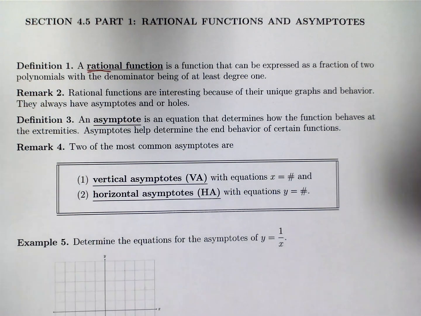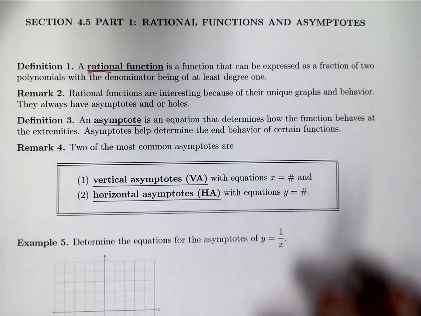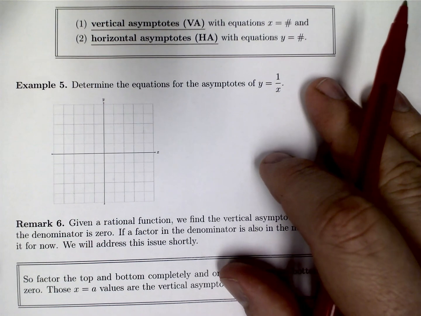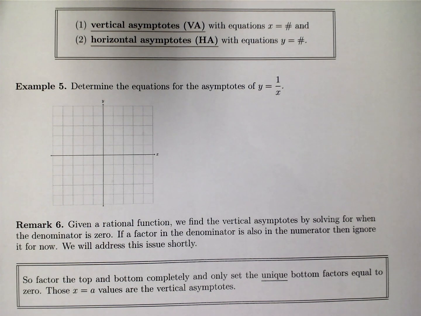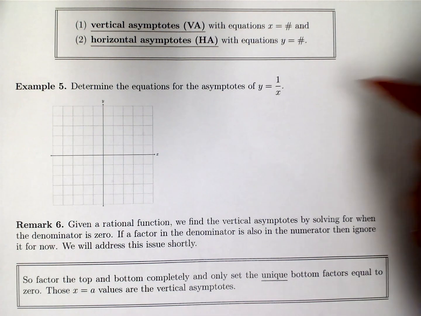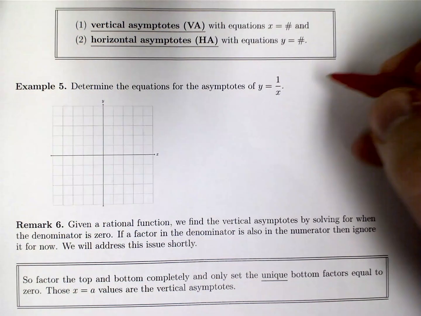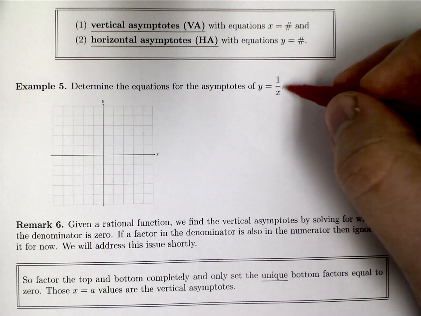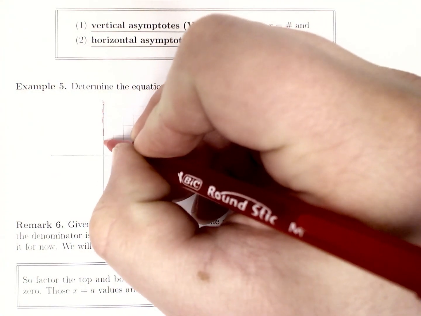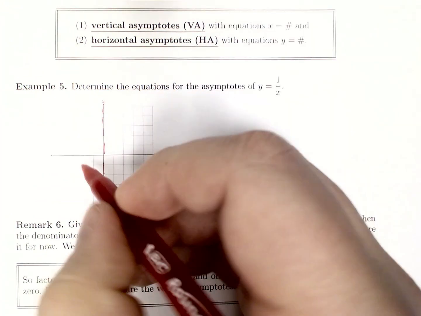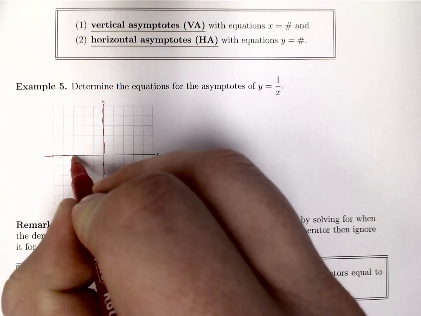So what can we determine? Let's look at something we know. Let's talk about the graph of y equals 1 over x. So earlier we had talked about this, but now we're going to go in a little bit more depth. As it turns out, the graph of 1 over x has a vertical asymptote right here and a horizontal asymptote right here.